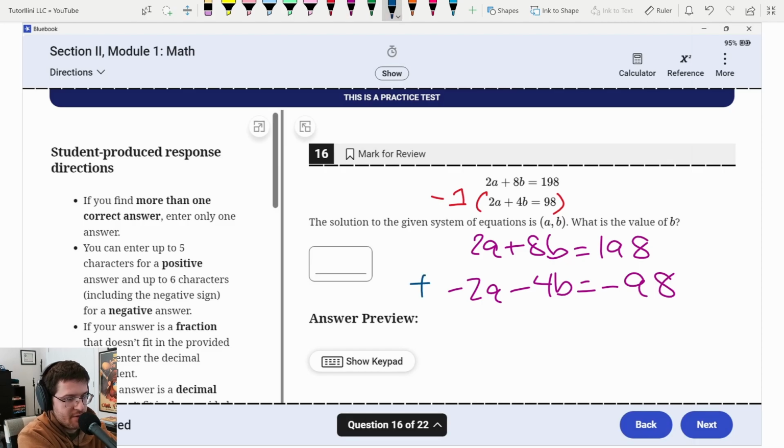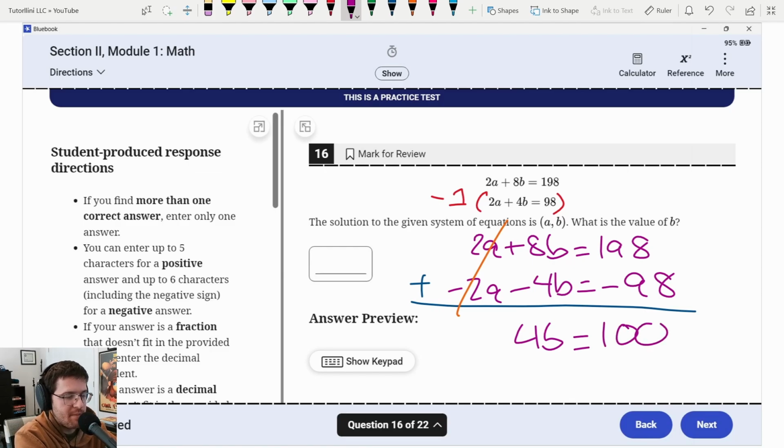Now I'm going to add the two equations now that the A's have opposite sign and the same magnitude. 2A plus -2A, that's 0. He just goes away. 8B plus -4B, that's 4B. And then 198 plus -98, that's 100. We're going to divide both sides by 4, and I get B equals 25, which is our answer.